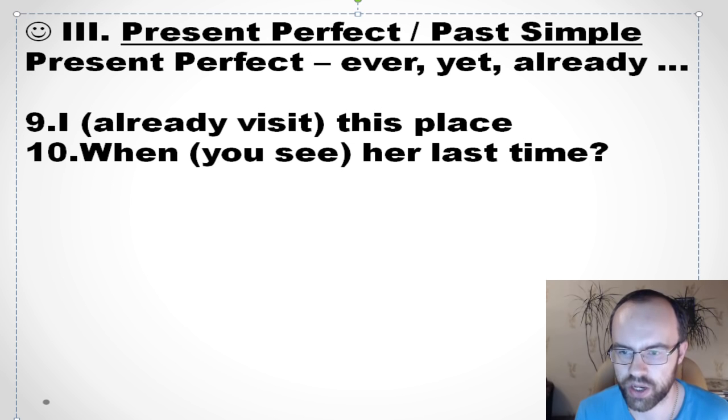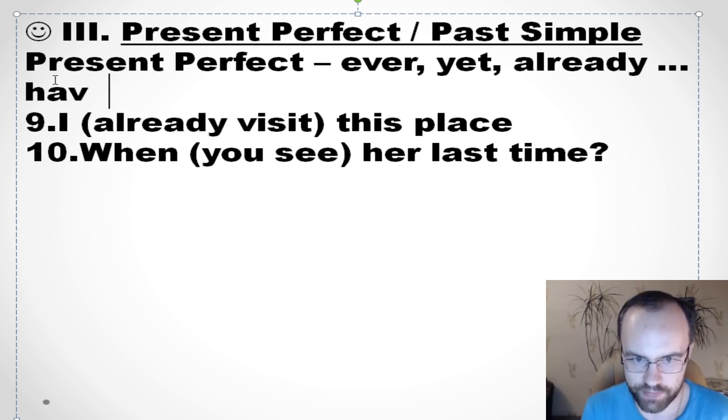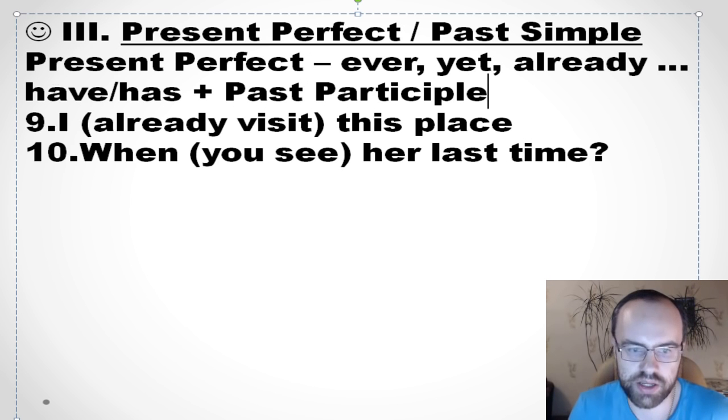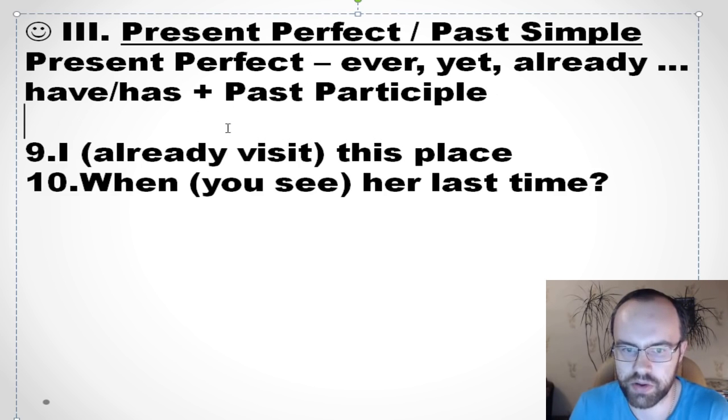So I hope you remember we have a great playlist on English tenses in English grammar with examples. Please have a look. And you need to know that if you have already, you need to use present perfect. And I have a question. How do we form present perfect? It's have or has plus past participle.